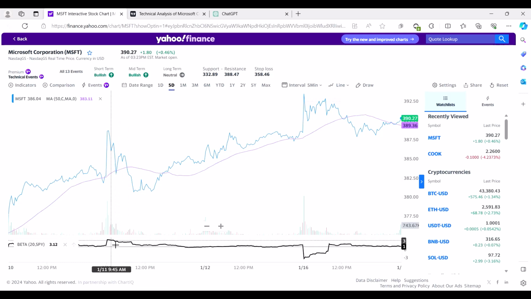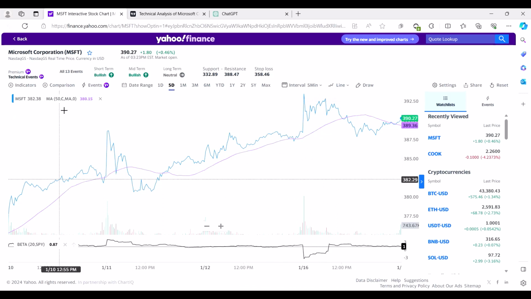Above one would be performing significantly more volatile than the rest of the market. Whatever happened here, somewhere around 9:30 a.m. this morning, Microsoft shares were significantly less volatile than the rest of the market. So I couldn't tell you what was going on with the rest of the market because it looks like they were being pretty volatile here, but the rest of the market was being even crazier, supposedly.